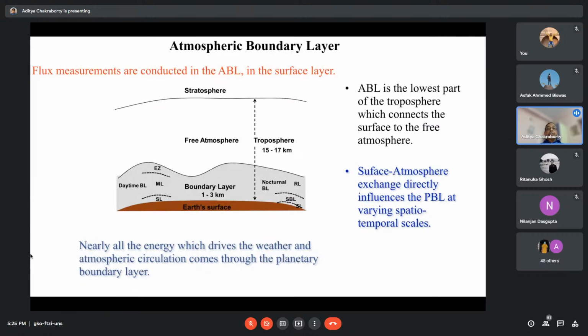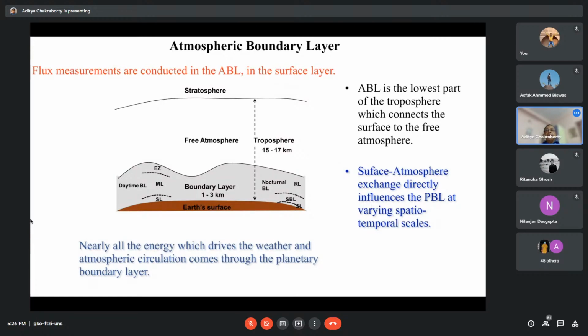So what is shown here in this slide is the lowest part, just above the Earth's surface. This extends from about 1 to 3 kilometers, where the processes are very highly turbulent, and this turbulence is basically controlled by the solar radiation, more specifically by the radiation which is being emitted from the Earth's surface.